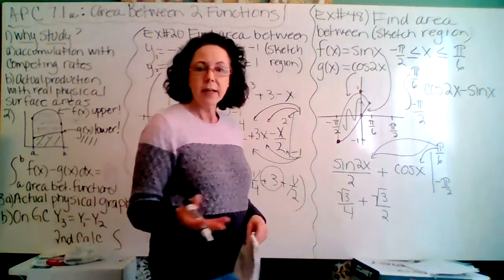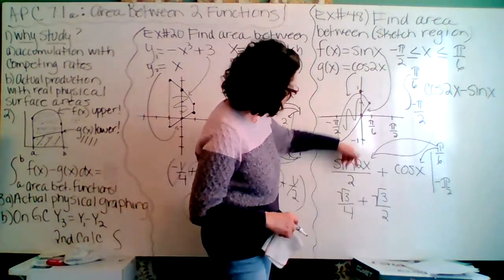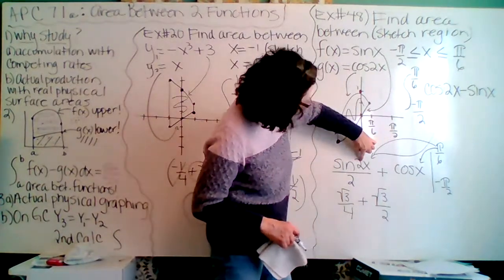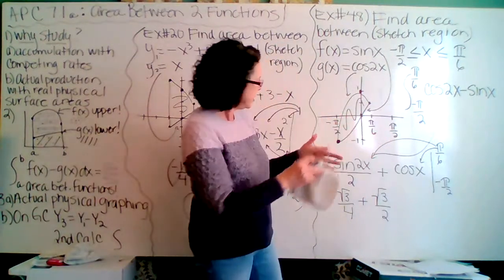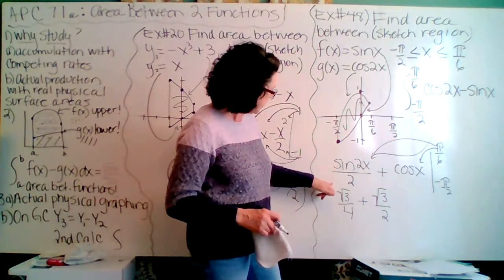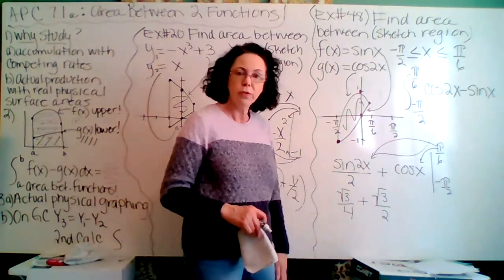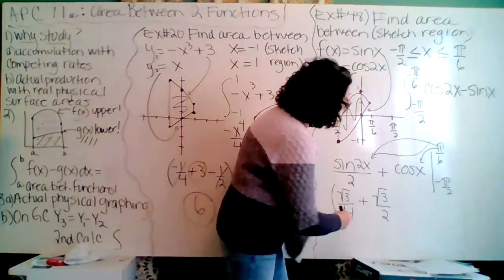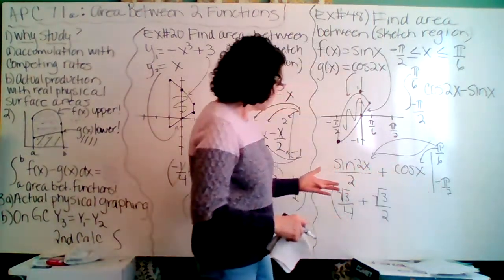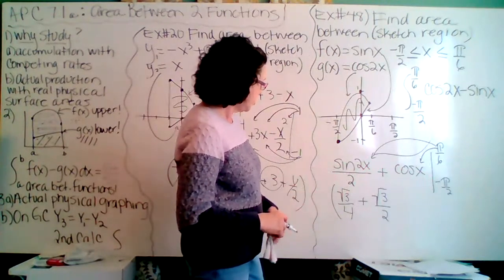Let's just check that again. Let's make sure you understand what happened here. I put in pi over 6. 2 times pi over 6 is pi over 3. Sine of pi over 3 is the square root of 3 over 2. Divided by 2 is the square root of 3 over 4. Plus, still on my f of b, cosine of pi over 6 is the square root of 3 over 2.